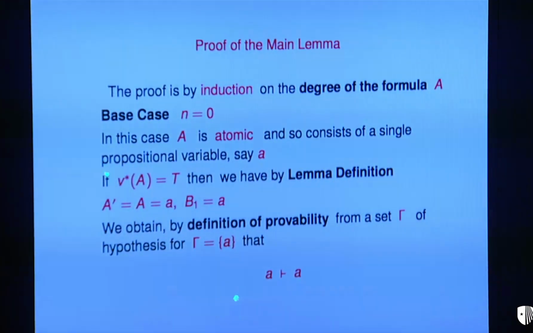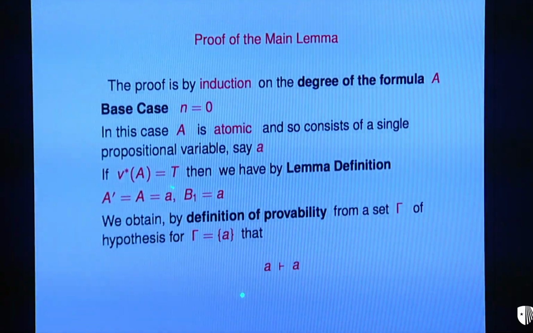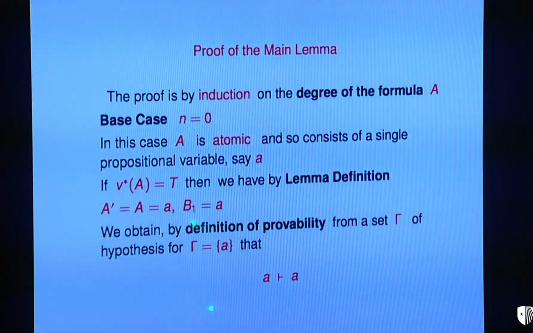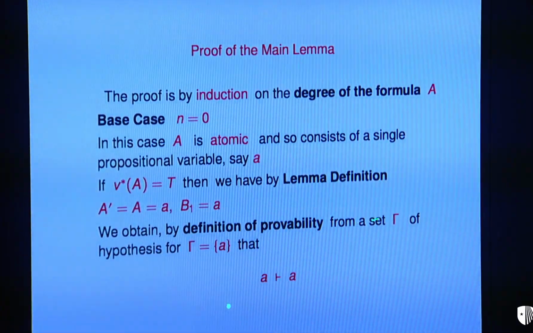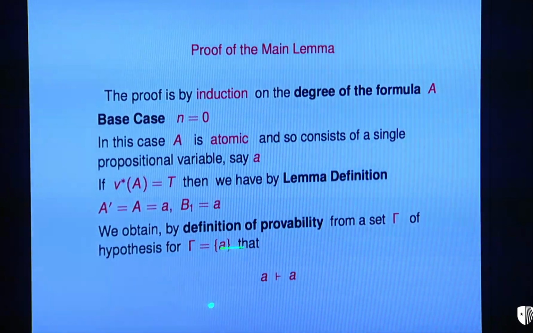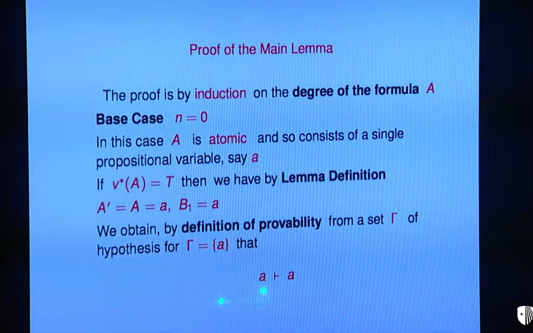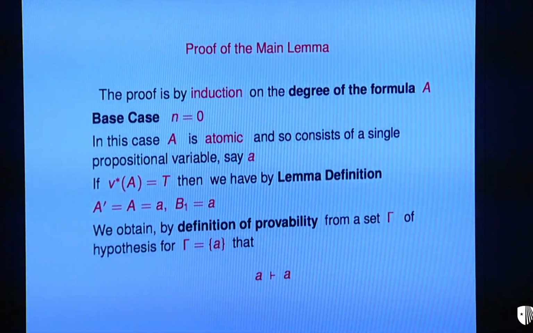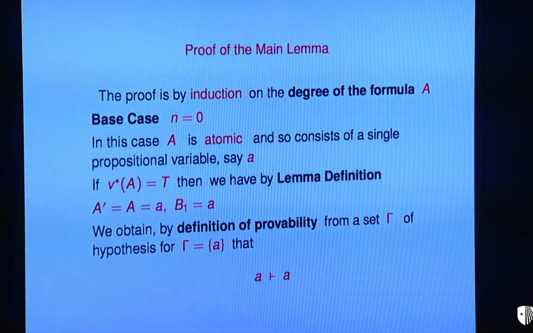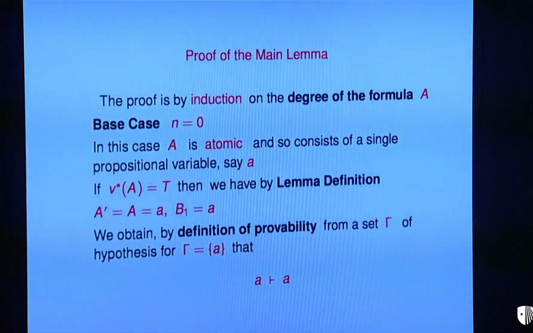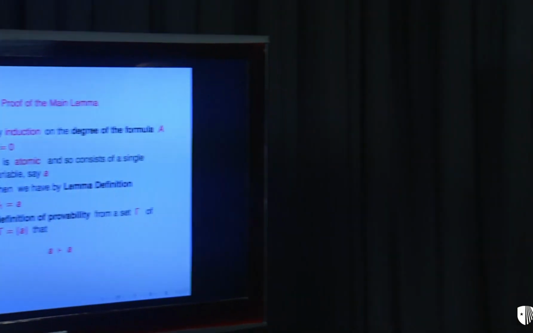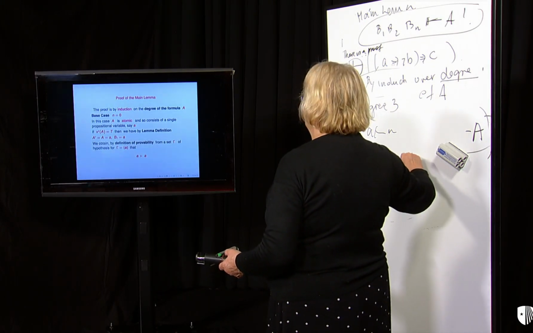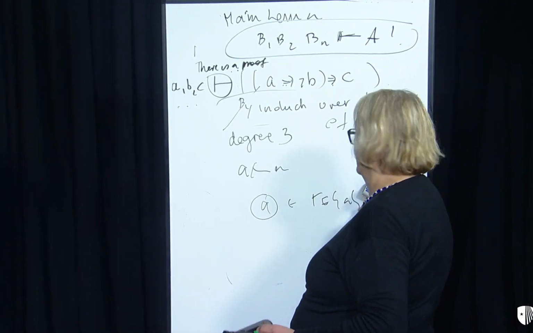If VA of that variable is T, by the lemma definition, A prime equals A, and B1 is A, so we obtain from the definition of the set gamma that A proves A, which always happens because you can always prove A from A by writing just A. This is your proof. That's it, because A belongs to gamma.